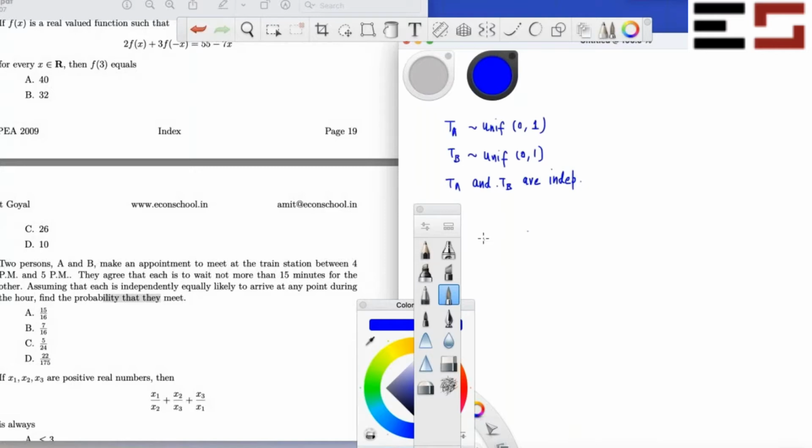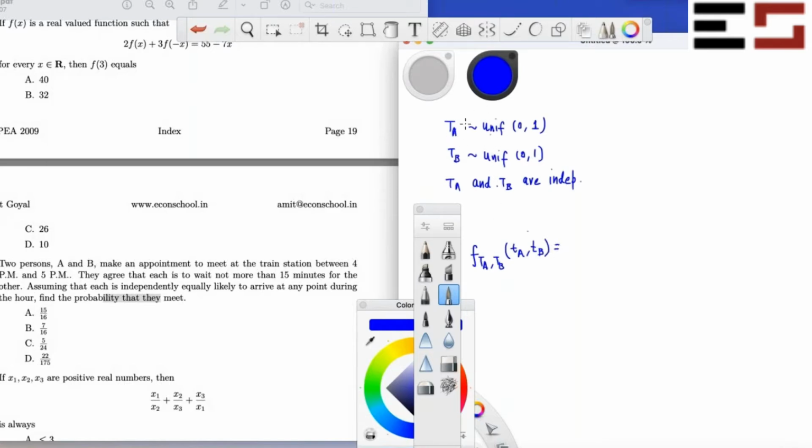Okay, so what is the joint distribution of ta and tb? Because they are independent, it is the product of the marginals. Okay, so f of ta tb is the product of the marginals.